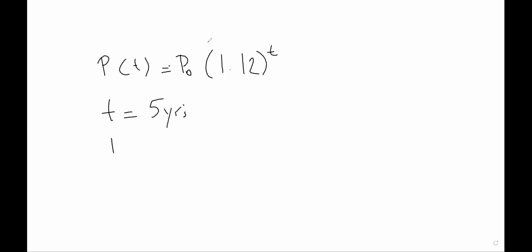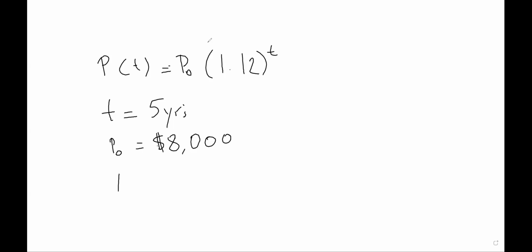And then we can write it like P naught is equal to $8,000. So now that we have all our unknown variables solved, all we need to do is plug it in the equation given and then solve for the answer.